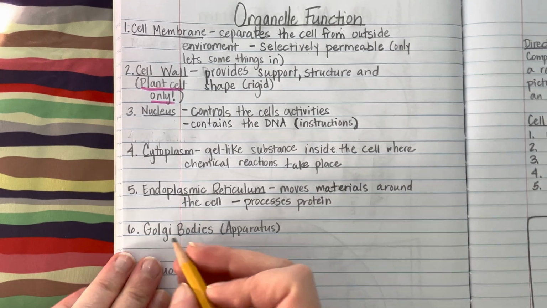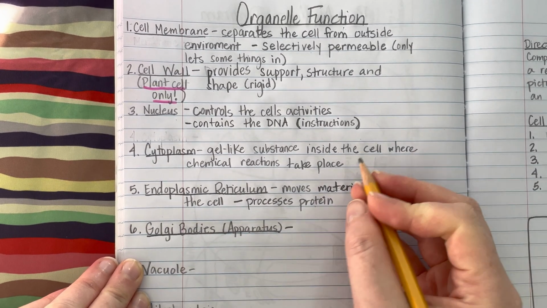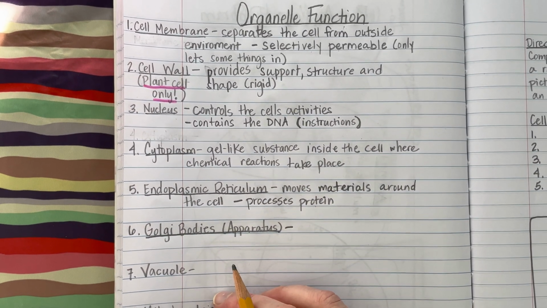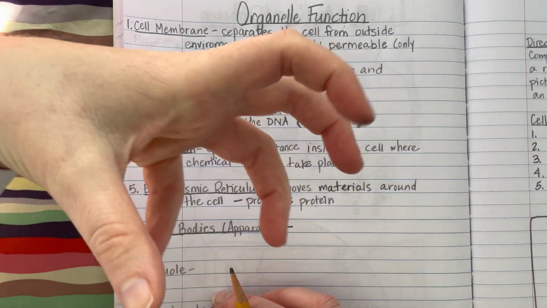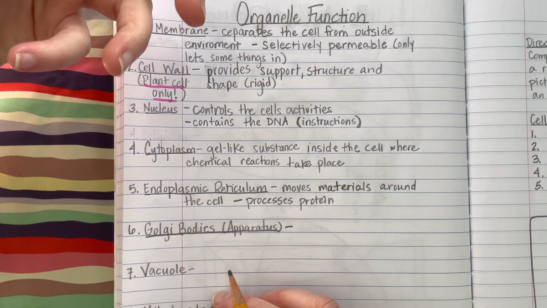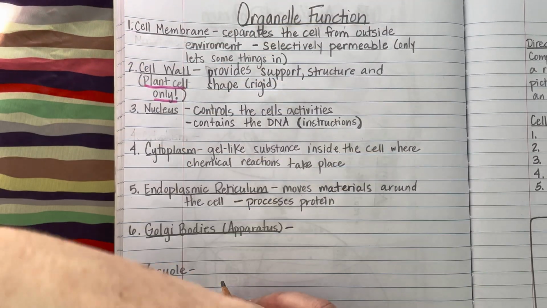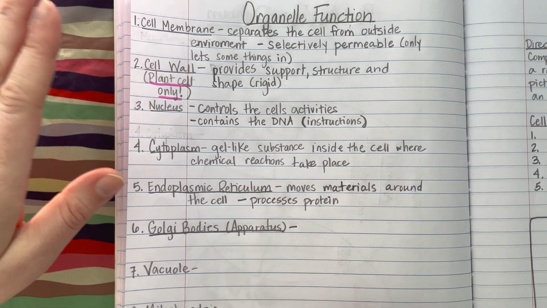Golgi bodies, or Golgi apparatus, sometimes called, actually it sort of sorts and packages the proteins that are created into these little vesicles, and it transports them either inside or outside of the cell or wherever it needs to go.